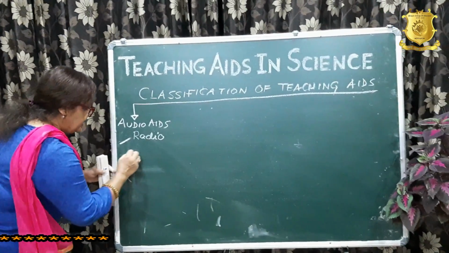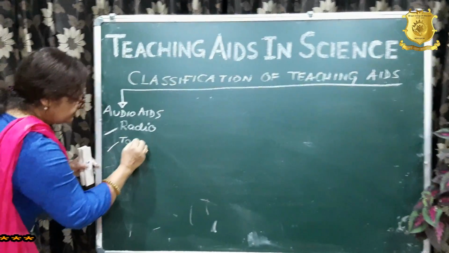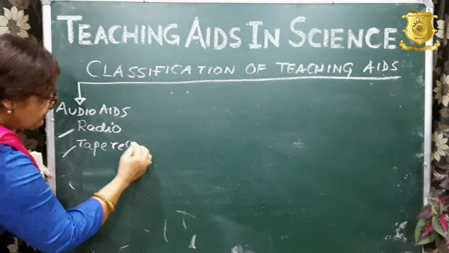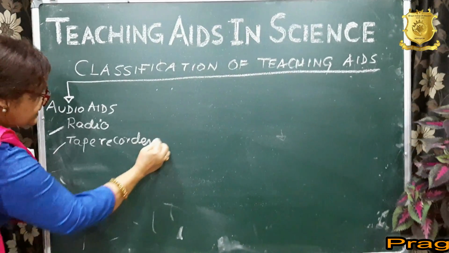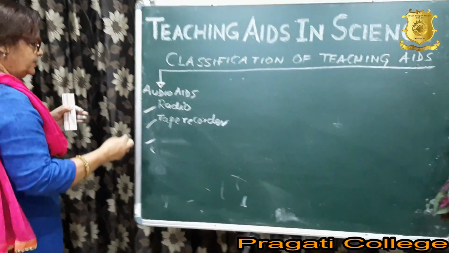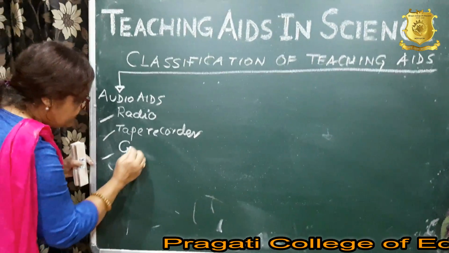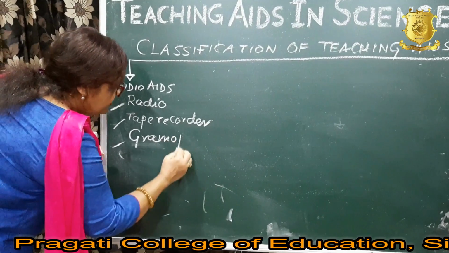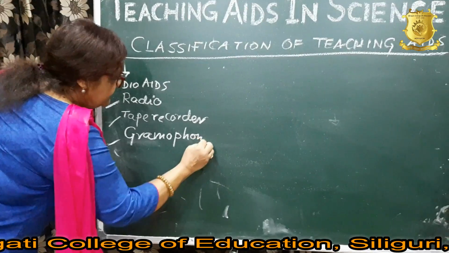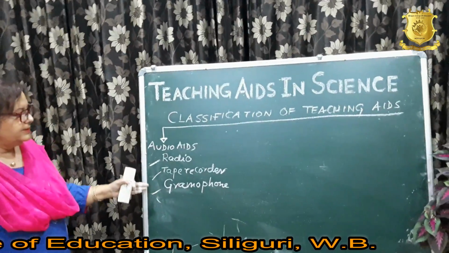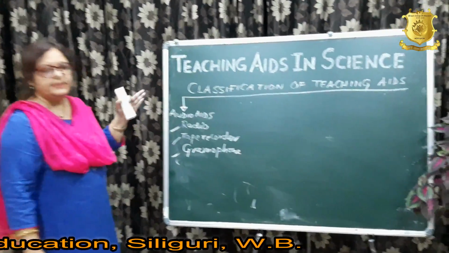Next is tape recorder. Number three is gramophone, although nowadays it is not used. It is another type of audio aid. So these types come under this category.